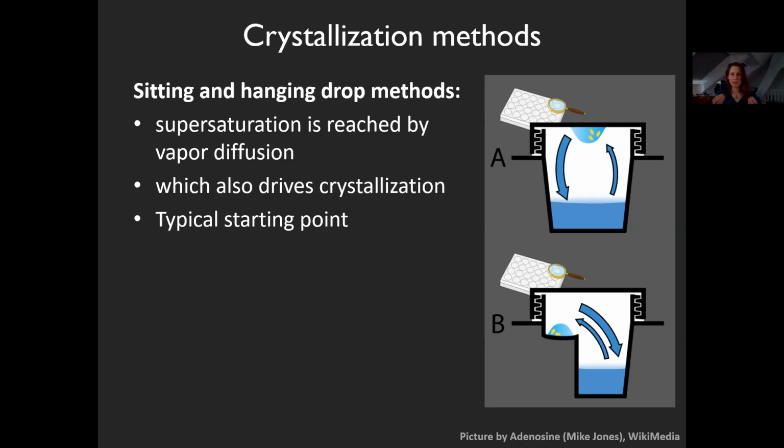It wants to have the same amount of dissolved particles, molecules or ions, in the drop and in the well. So there's more evaporation happening where the water goes down into the well than where the water ends up in the drop. And so over the course of several days and weeks, the drop becomes drier and drier and drier.